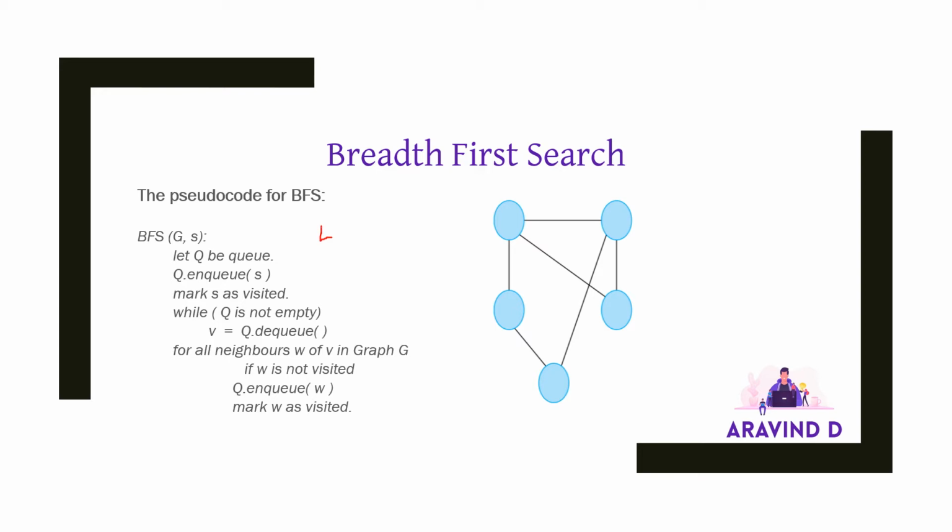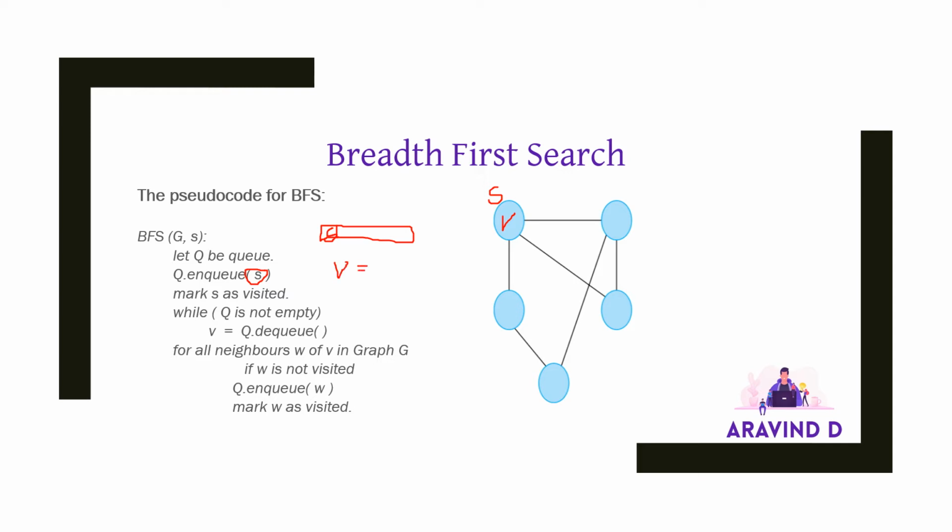That is, we are going to create a queue, and we are going to enqueue the root, which is here as s. So imagine this is the root of the graph, and we are going to enqueue this s, and then we are going to mark s as visited, and while the queue is not empty, we are going to dequeue an element and store it in the variable v.